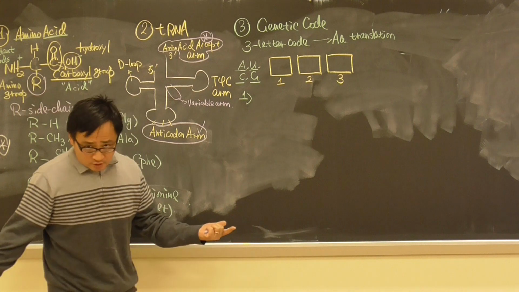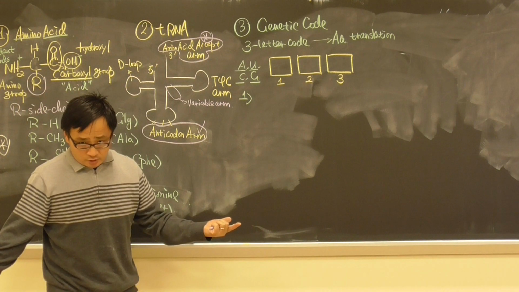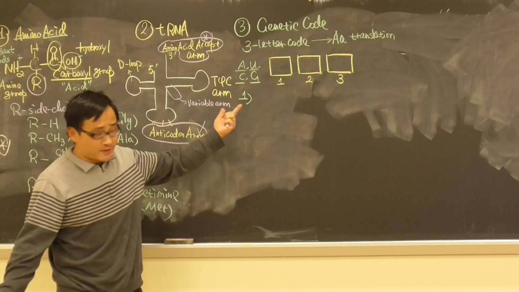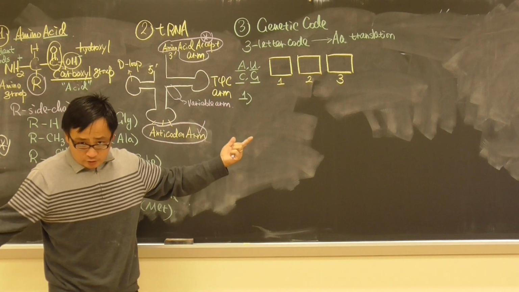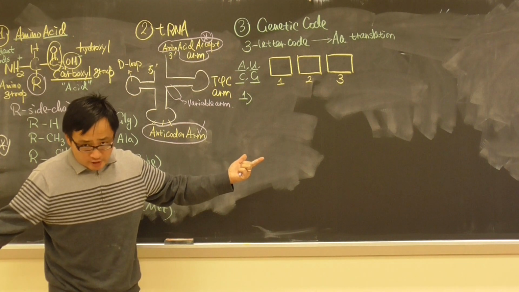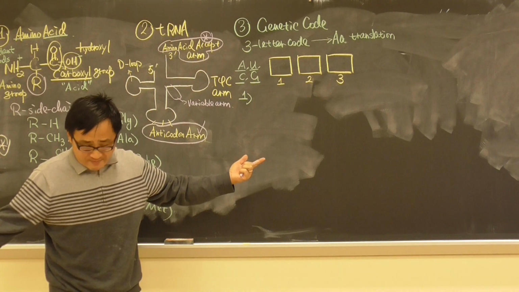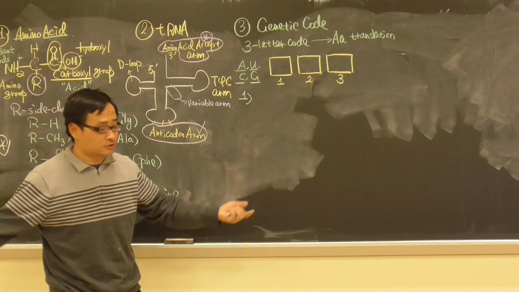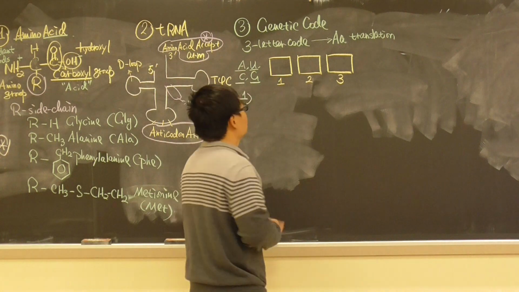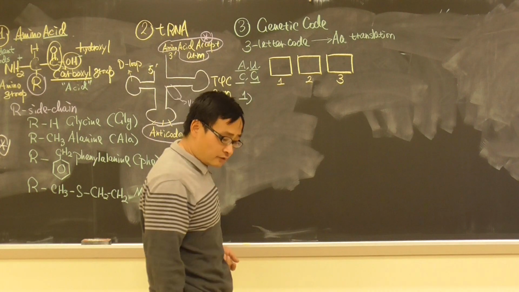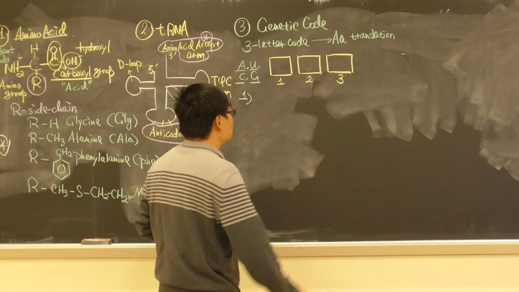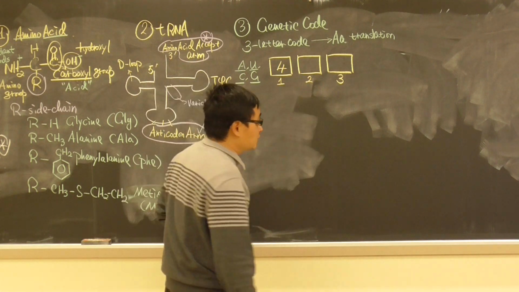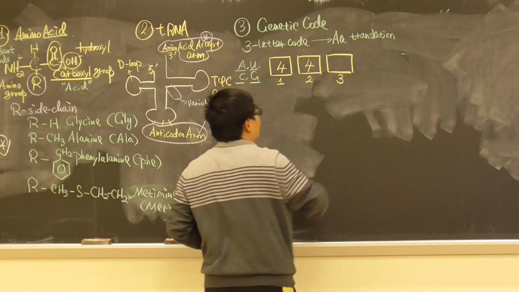You can do the math. And I told all my students, you got accepted by West Virginia University, you should be good at this math. And you all from China, at Nanjing Agricultural University, you've been doing math puzzles since you were 5 years old. You should be better than them at the math. So let's do it together. What's the possibility of the first box? It's 4. The second box? It's 4. How about the third box?